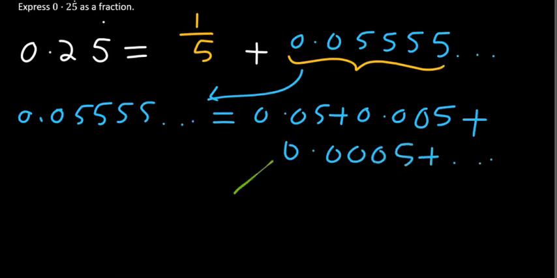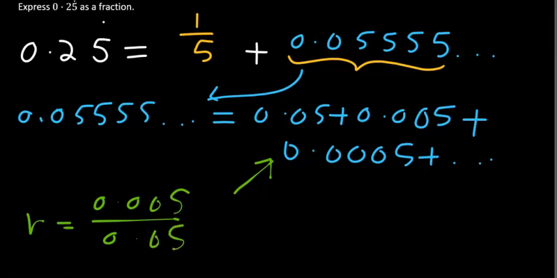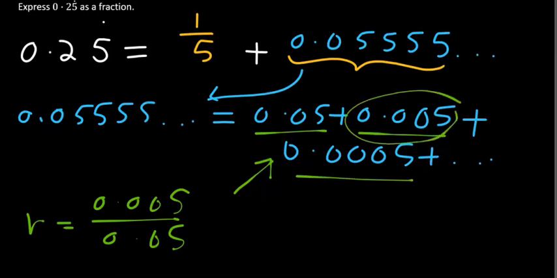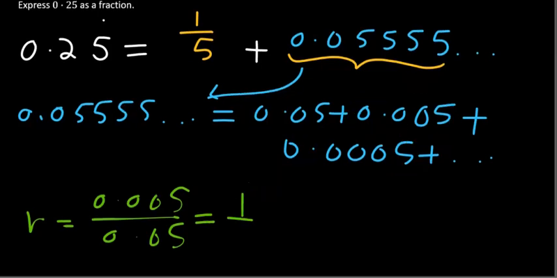As you can see, this is an infinite geometric series. Now, what is the value of the common ratio? The common ratio has a value of 0.005 over 0.05. For example, you take this term over that term, or this term over that term. You will get the same number. This is just 1 over 10, or 0.1.